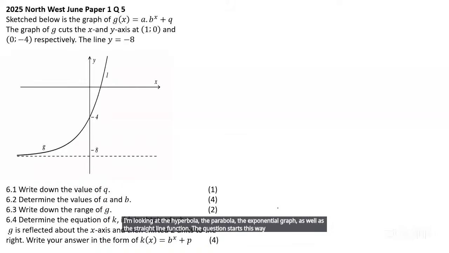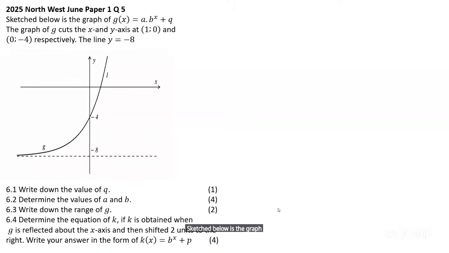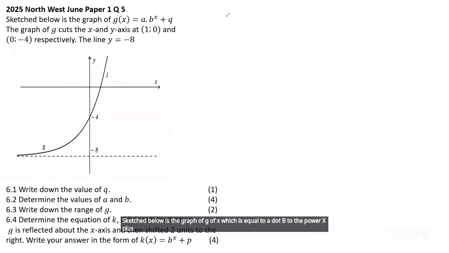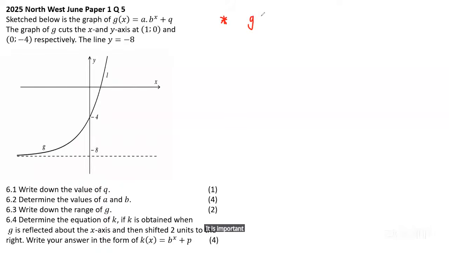Sketched below is the graph of g of x, which is equal to a dot b to the power x plus q. It is important when you look at a graph to be able to tell by its equation what type of function we are dealing with. So g of x is a dot b to the power x plus q.